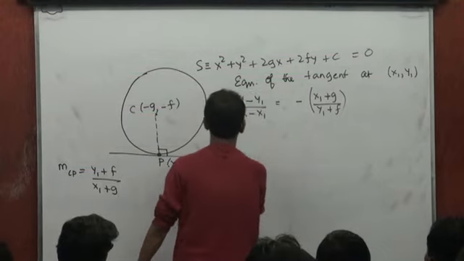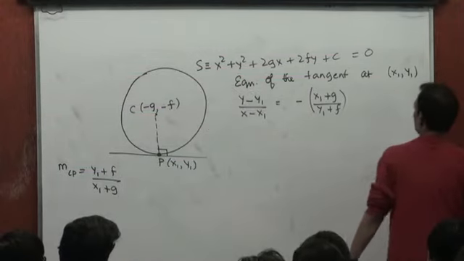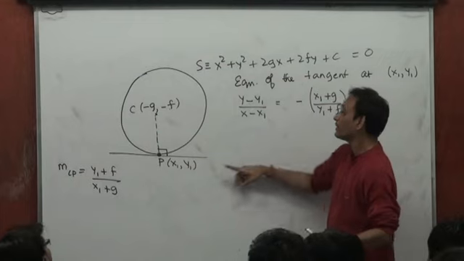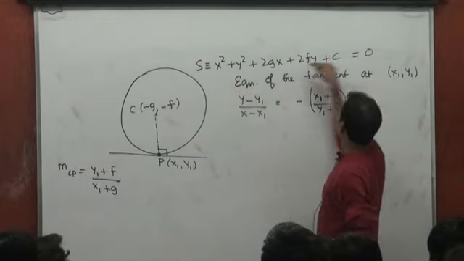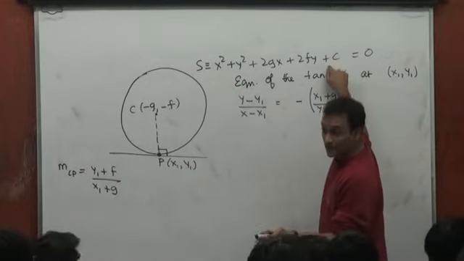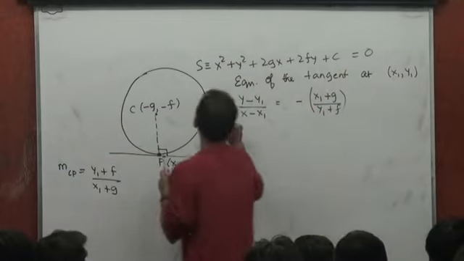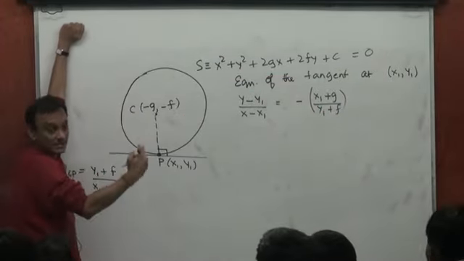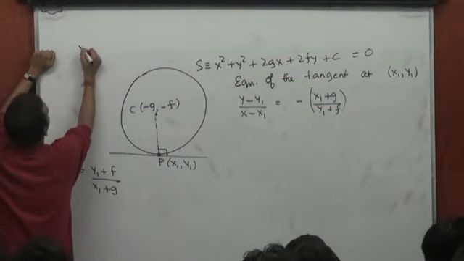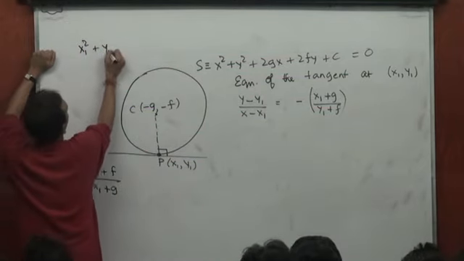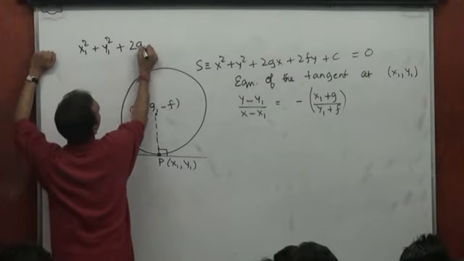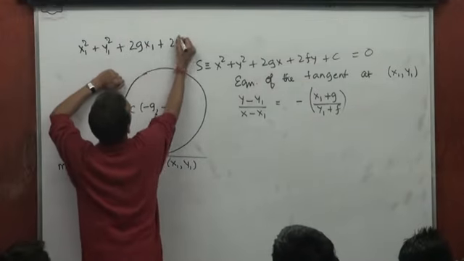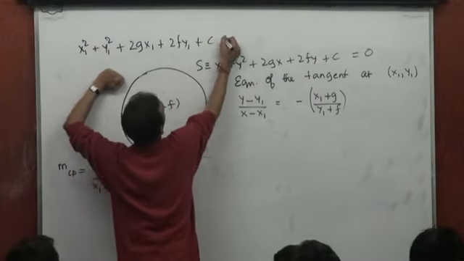Now, one of the things is for sure that x1 y1 lies on the circle, so it will satisfy the equation of the circle. So since x1 y1 lies on the circle, S1 will be 0. That means x1 squared plus y1 squared plus 2gx1 plus 2fy1 plus c must be 0.